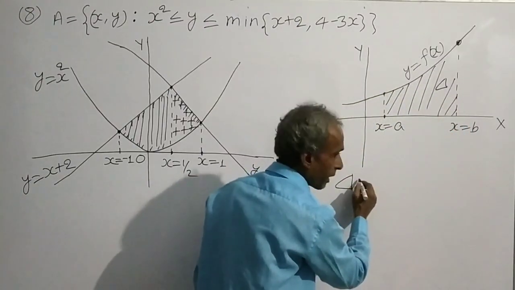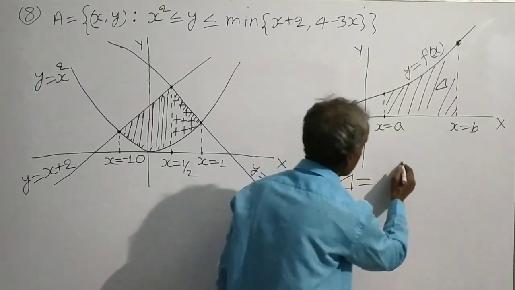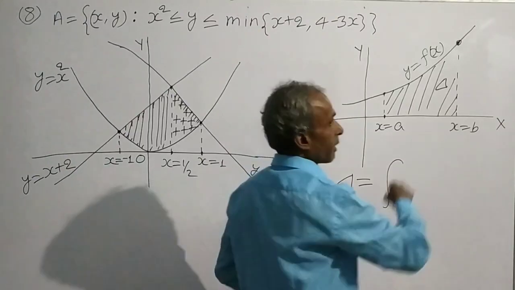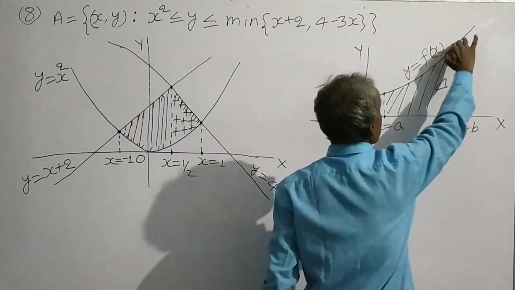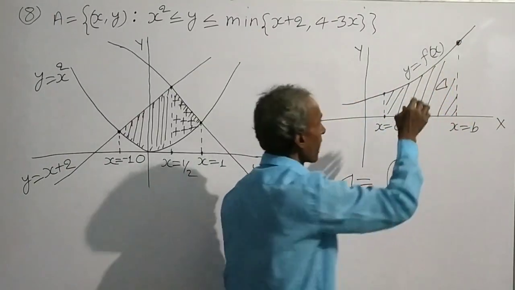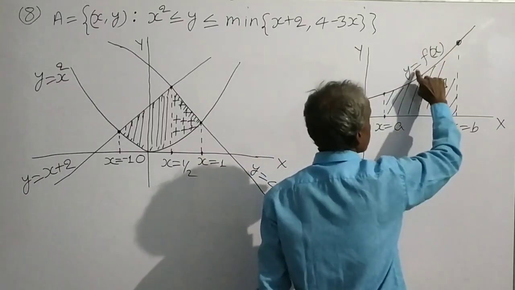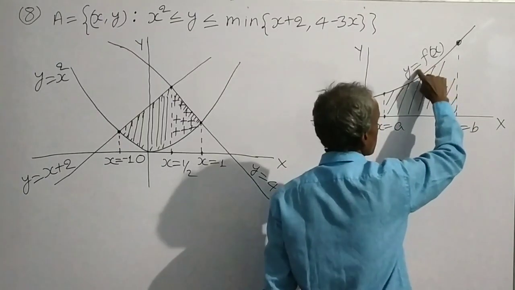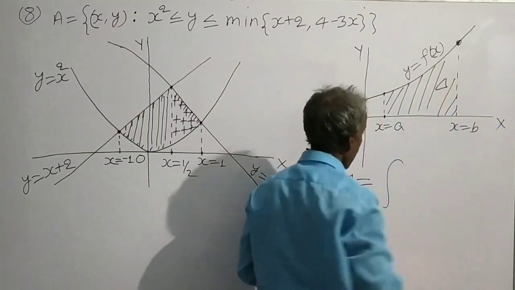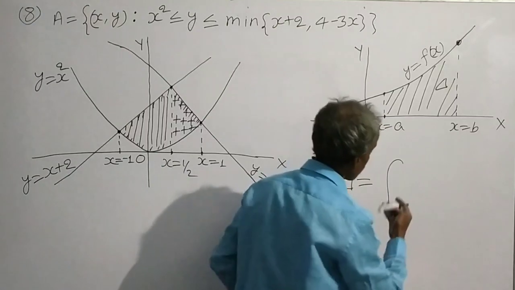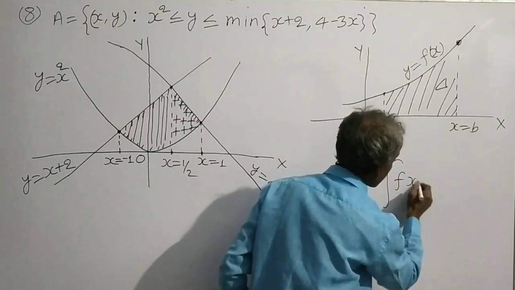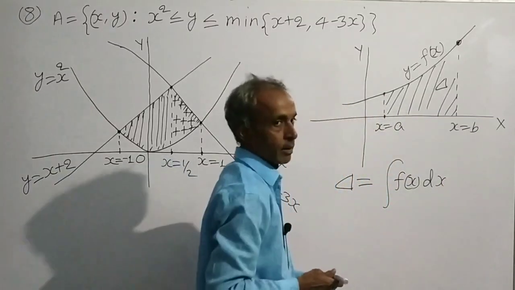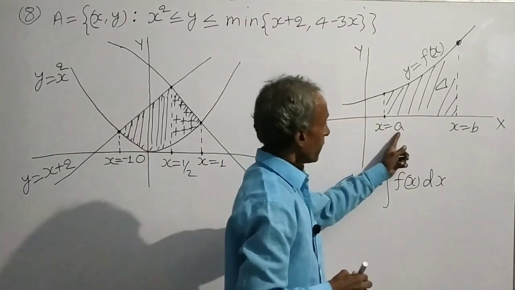Then delta will be given by the formula integration of the function in this curve, that lies on the right hand side of y =, that means f(x), then write dx.